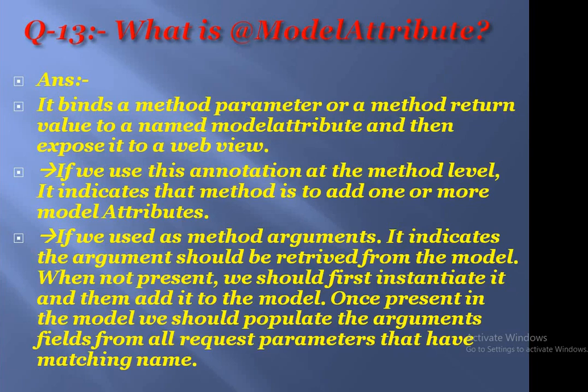When not present, we should first instantiate it and then add it to the model. Once present in the model, we should populate the argument's fields from all request parameters that have matching names. So @ModelAttribute binds the method parameter or method return value to a named model attribute and exposes it to a web view. It communicates data between the front end and the back end.